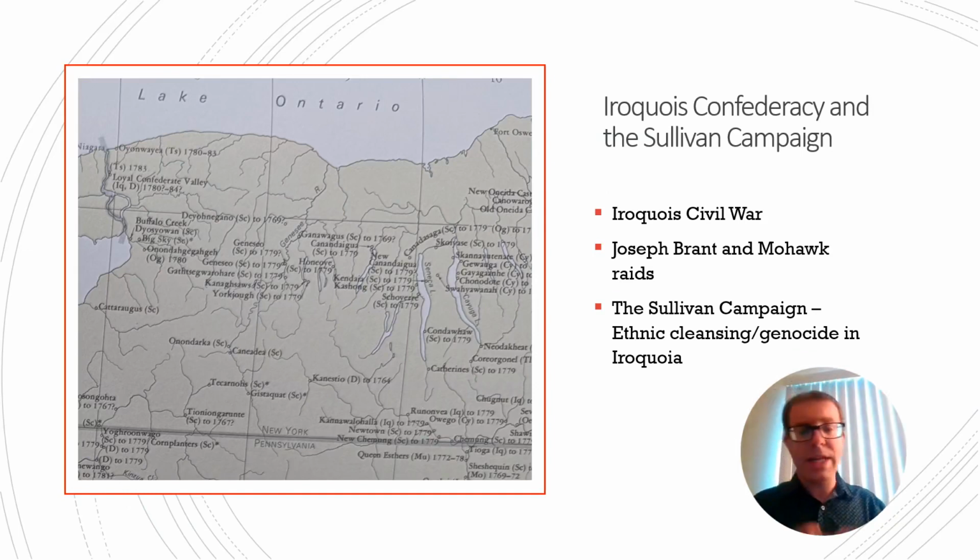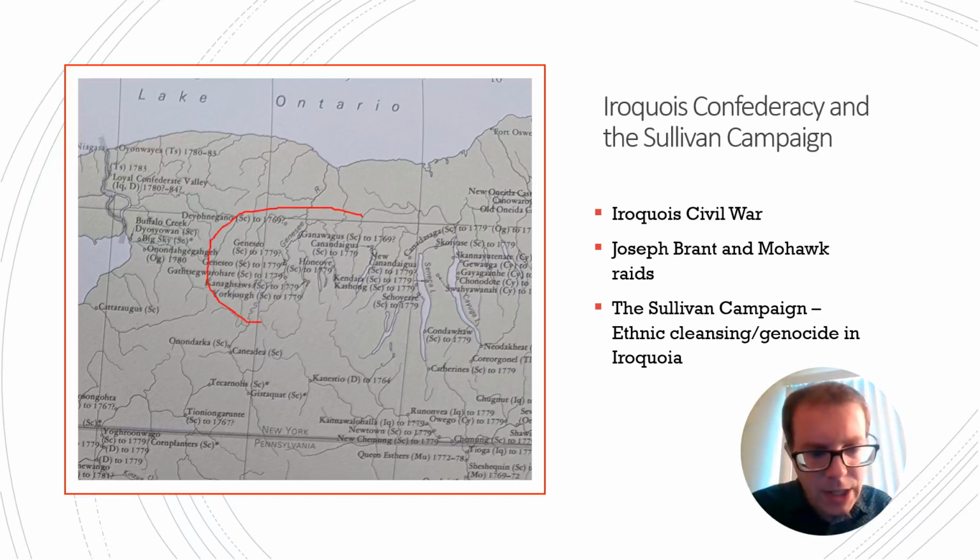And so in 1779, John Sullivan and a large American force goes out to Seneca and Cayuga villages and destroys them. And it destroys a substantial number of villages, dozens of towns, and hundreds of thousands of bushels of corn.